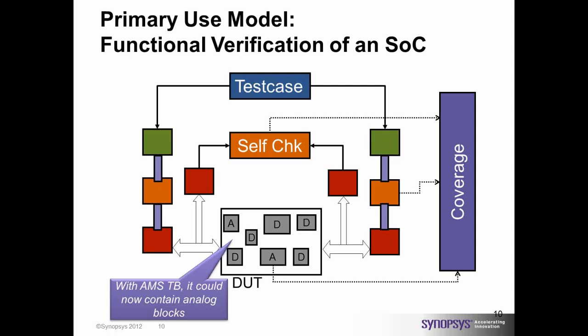So you can have analog components in your DUT and still be able to drive any kind of signal on that particular node and be able to capture the output, monitor it, and use it for coverage purposes.